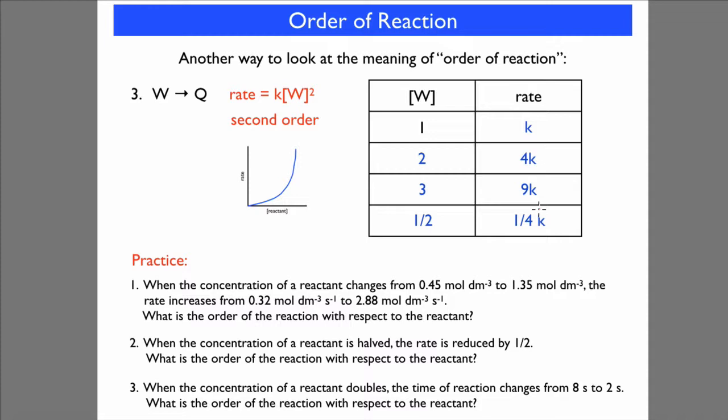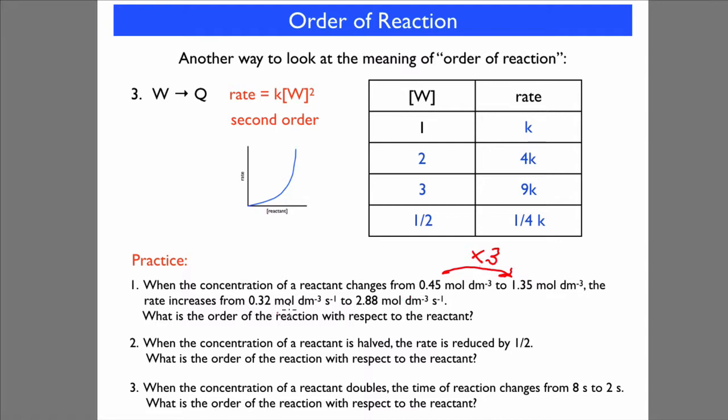When the concentration of a reactant changes from 0.45 moles per decimeter cubed to 1.35, the rate increases from 0.32 to 2.88. What is the order of reaction with respect to the reactant? Well, let's have a think about this. 0.45 to 1.35 is times 3, isn't it?